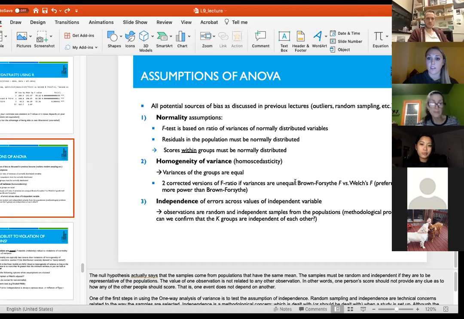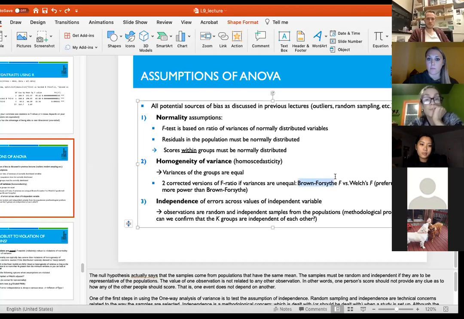And so if they are unequal, I know we talked about in the independent samples t-test, we could do the Welch's t-test if you violated homogeneity of variance. There's also a Welch's F test. You can do that. It's actually more preferred, but you can also do something called a Brown-Forsythe F test. I tend to default to the Welch's F if violating that assumption.